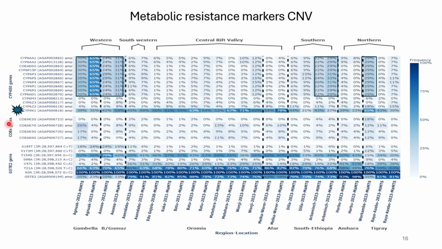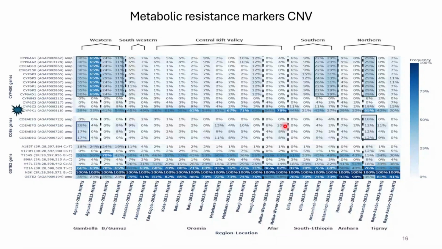We also looked into the copy number variation at the carboxylesterase gene, and we found the carboxylesterase gene cluster, particularly carboxylesterase 2 to 7, frequency were found at appreciable frequencies in the western and northernmost Ethiopia, while in the other locations, frequencies of copy number variation were very much low.